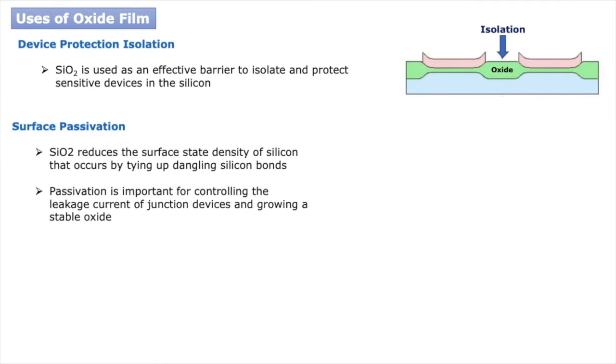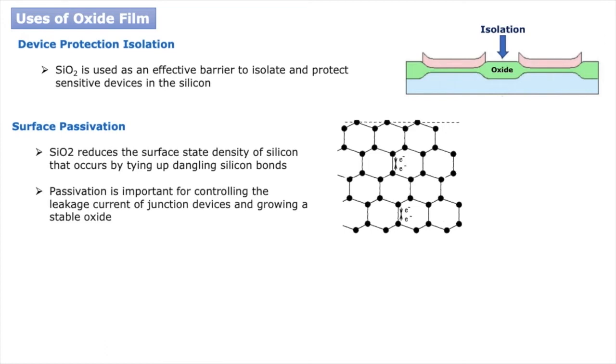So this oxide layer can be used as isolation. Next is surface passivation, which is very important, as I discussed earlier as well, because it reduces the surface state density at the interface. What exactly happens?